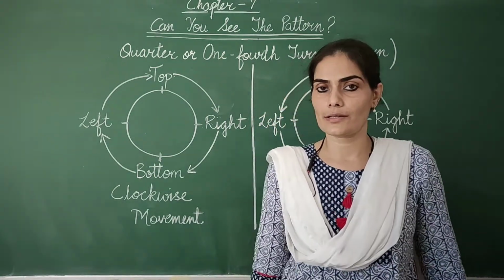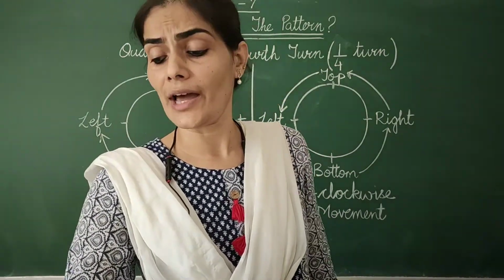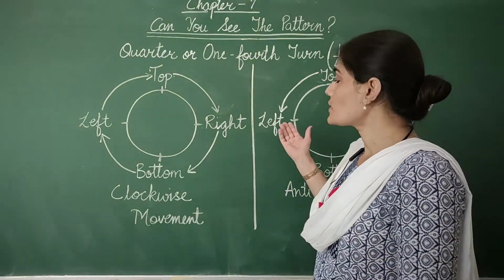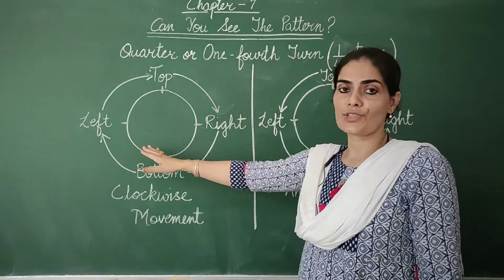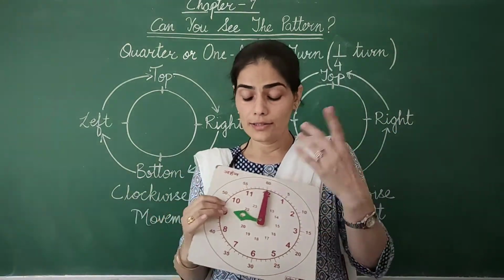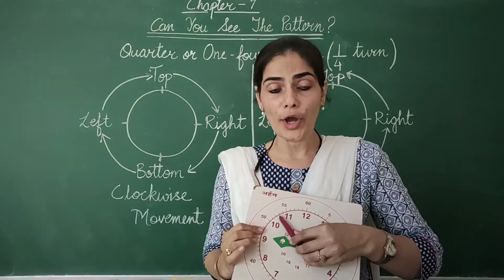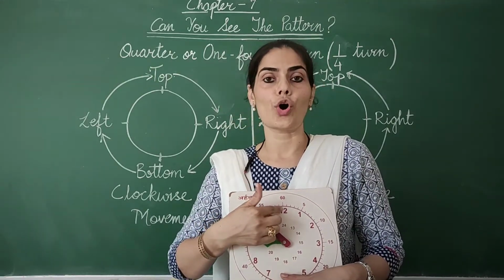But remember kids, the object doesn't always point in these 4 directions. You can say directions or the positions. Now these 4 are not always the positions of the object. Now just imagine that this minute hand is pointing between your left and top.